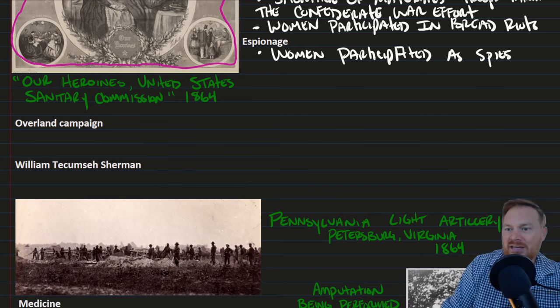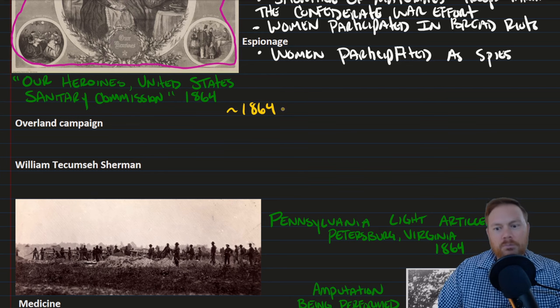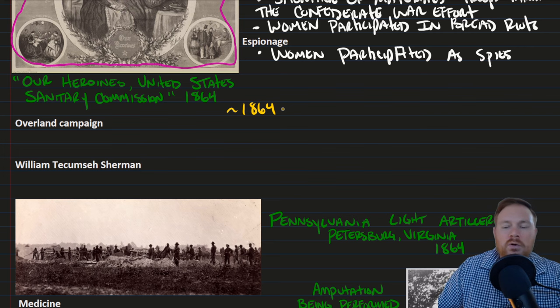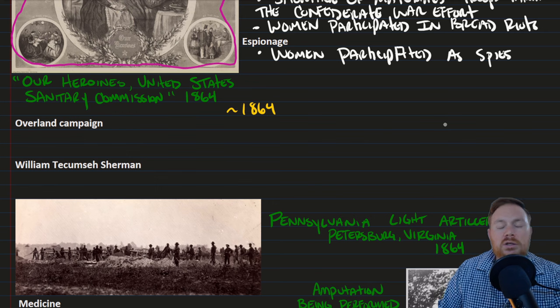Now, by the year 1864, right, so not that really the year-by-year account is incredibly important, but by 1864, the Confederate war effort is no longer in a position to invade Union territory. They've been turned back at the Battle of Gettysburg, and now it becomes a question of whether or not the Union can pursue the Confederate army to the point of surrender to where this secession movement is over.